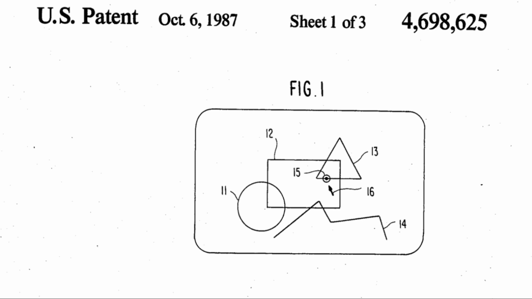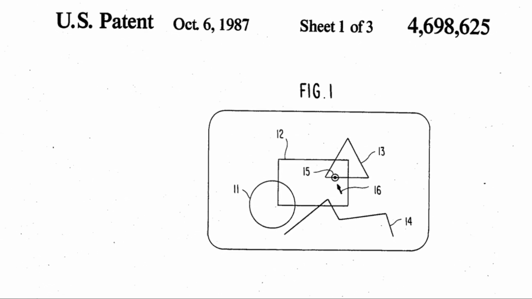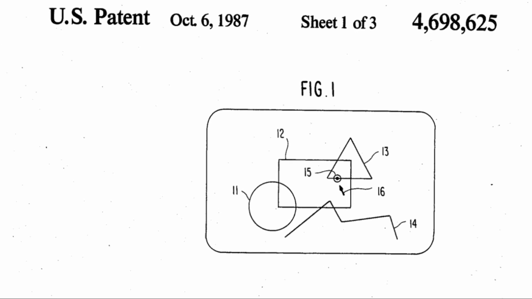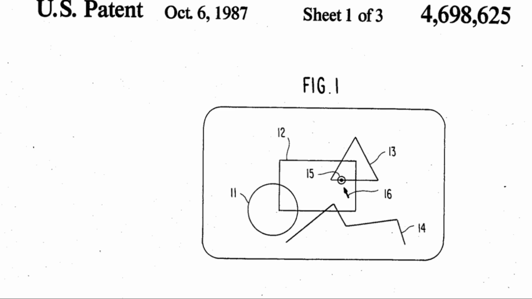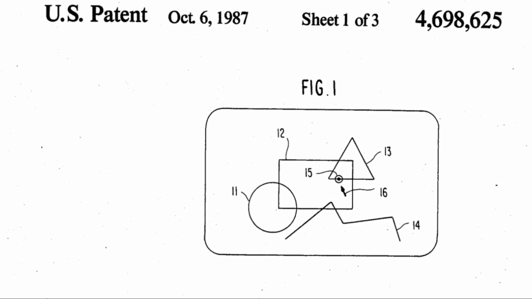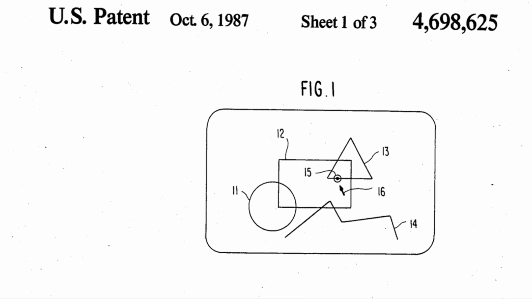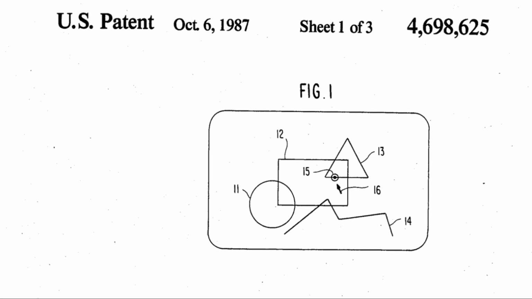Get the first graphic object in the graphic space. Repeat if the cursor location is in the gravity field of this graphic object. Then, get the first line segment x1, y1, x2, y2. Repeat: compute the distance from the cursor position x0, y0 to that line segment x1, y1, x2, y2 by the formula as follows.